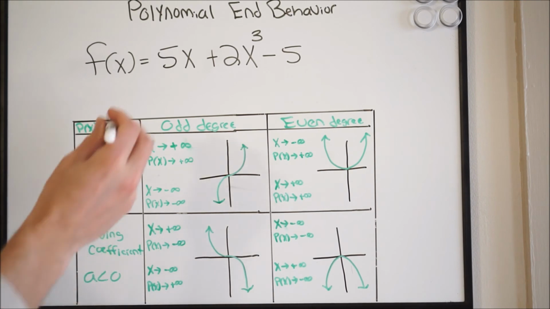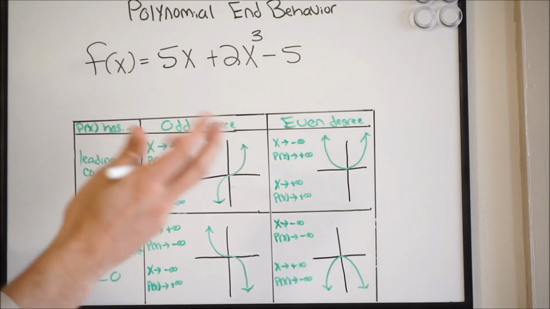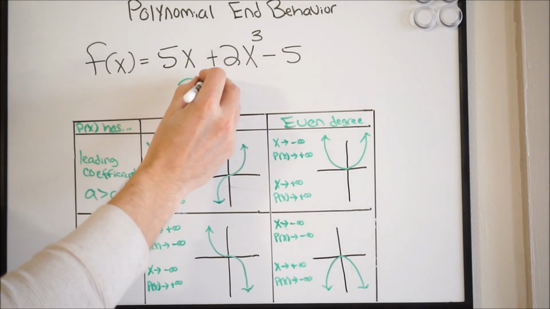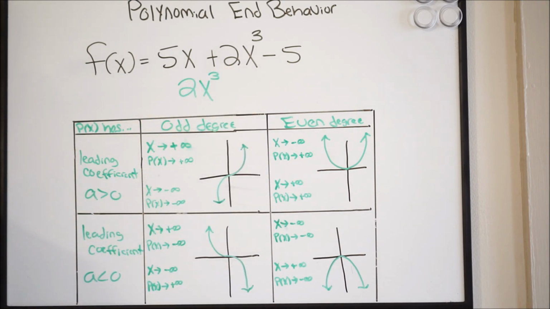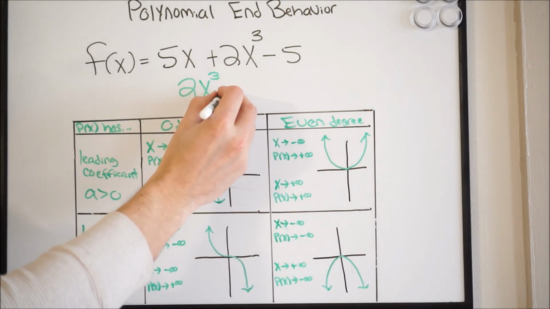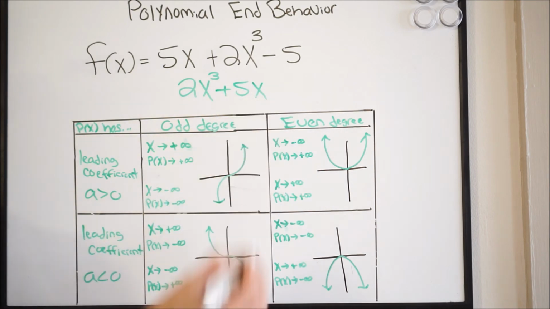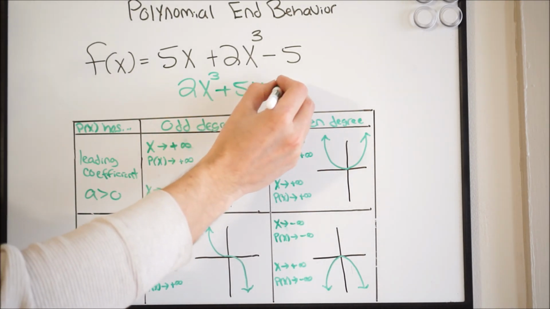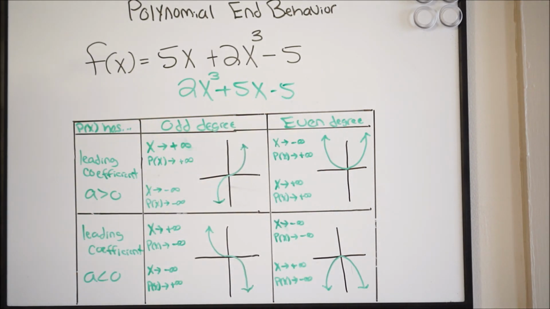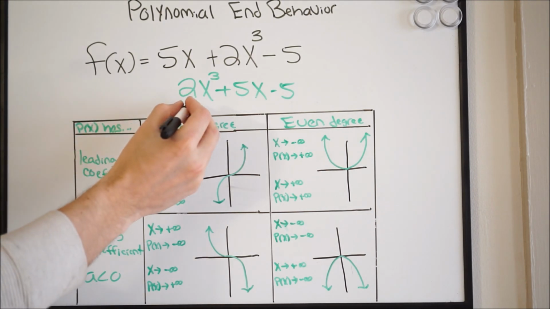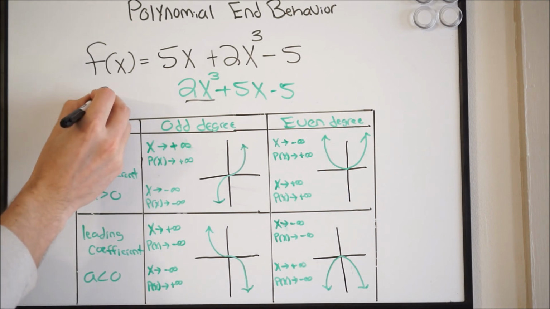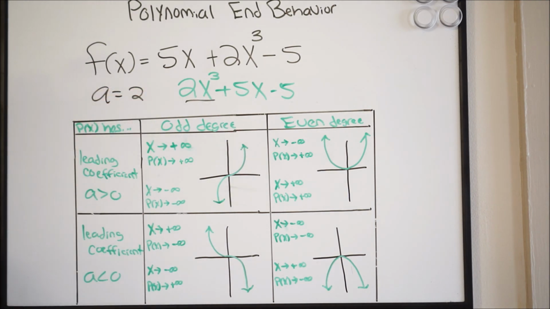Going from highest degree to lowest, we're going to have 2x to the third power plus 5x minus 5. Now we are in standard form, and we want to determine our leading coefficient. That's the coefficient of the term with the highest degree, which is right here. So our a value is 2.